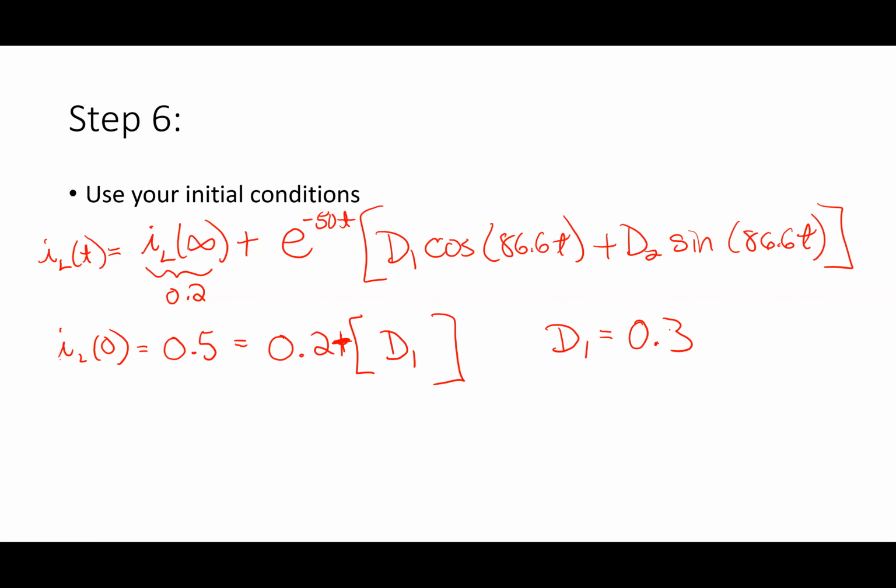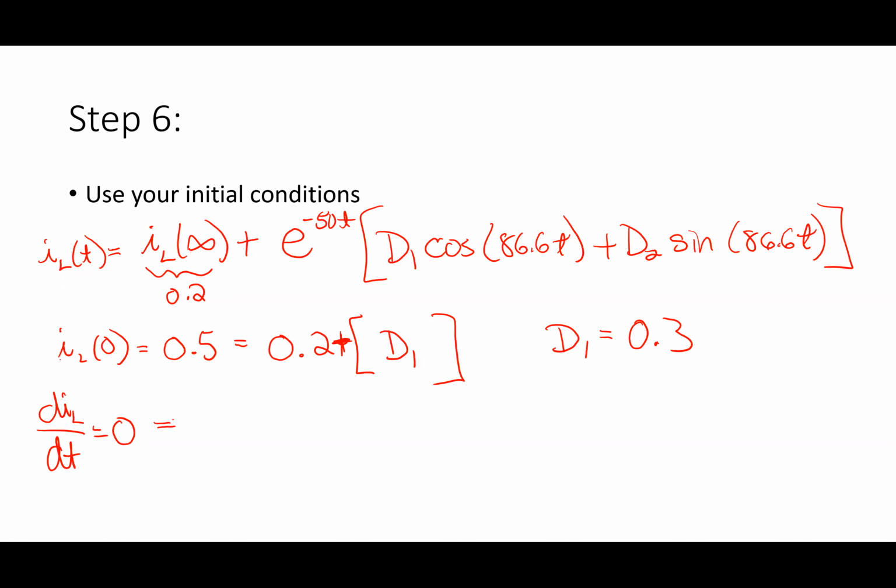Now my other initial condition comes from diL by dt, which we found has to be 0. Well, I have to take the derivative of that top expression. What's the derivative of 0.2 amps? 0. Now I remember some chain rule stuff here.